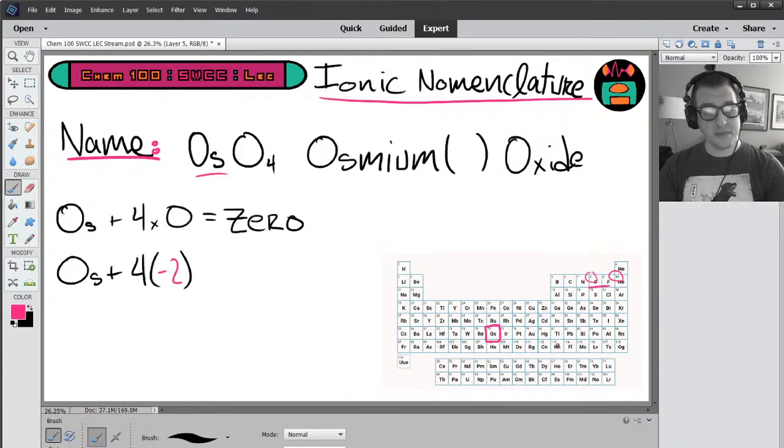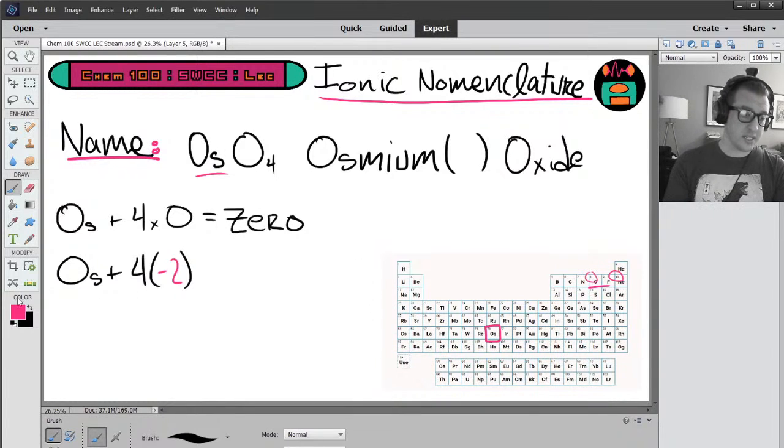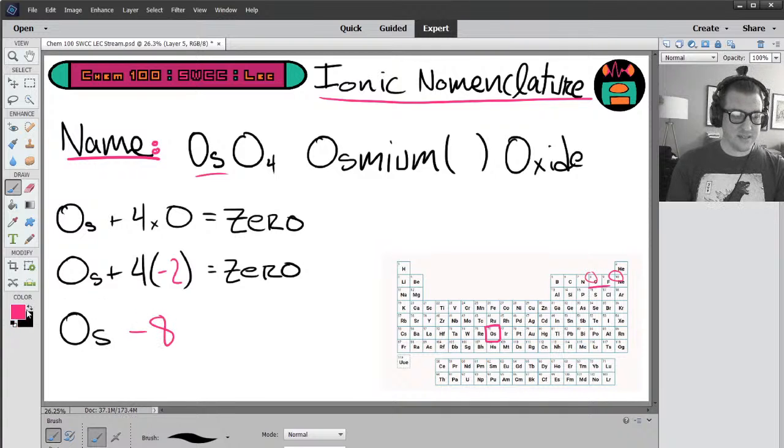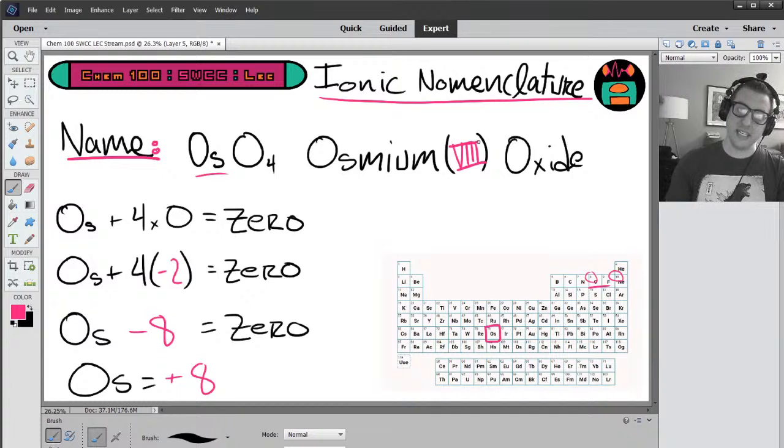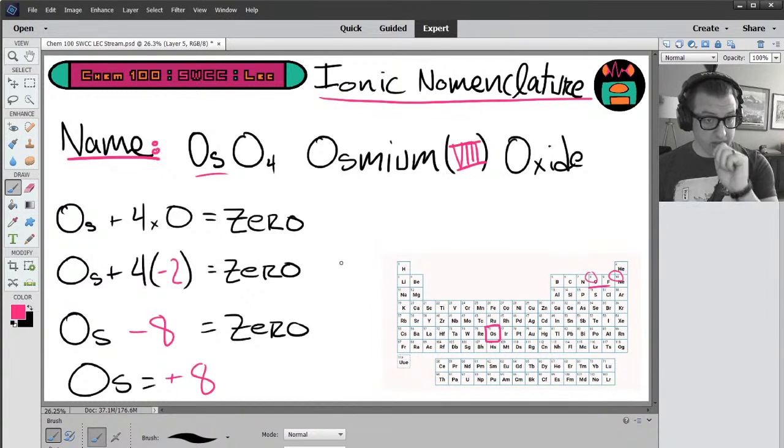So when it becomes an ion, it's going to have 2 extra electrons, giving it a charge of -2. So if the charge on osmium minus 8 equals 0, that means osmium has a charge of +8. So we put 8 in Roman numerals inside our parentheses. And that is the name of this compound, osmium(VIII) oxide.